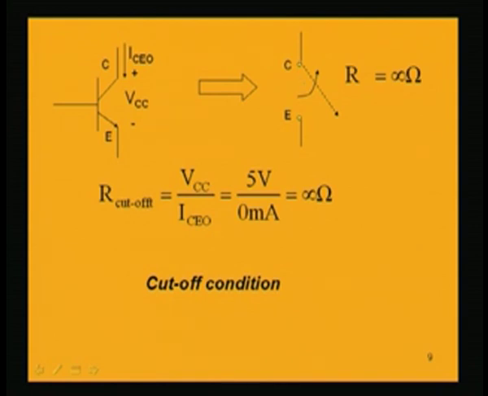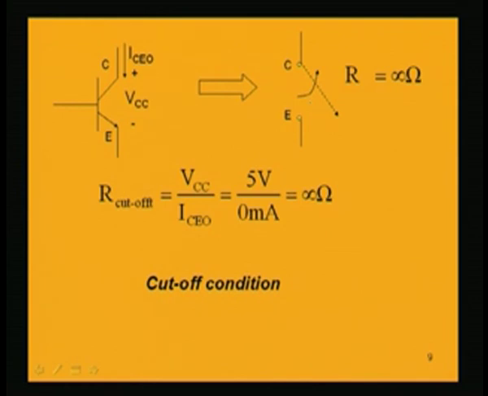So, the switch is now open, because we do not have any current, 0 current is flowing, and the resistance between collector and emitter is infinite. So, there is no current and it is like an open switch.